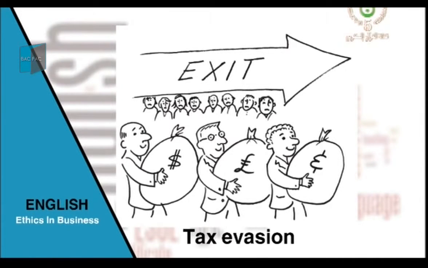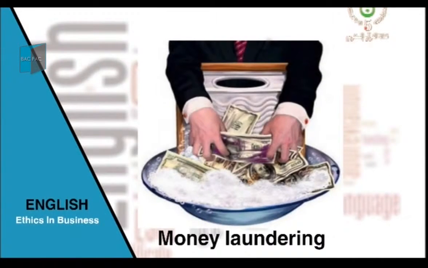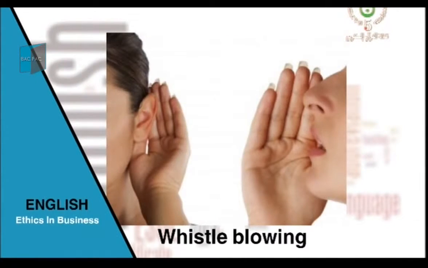Good. Picture 3 represents a woman washing money. In fact, well, we don't wash money, but this means that this money has illegal origin. So this represents money laundering. Picture 4, a woman is telling another woman or another person information.